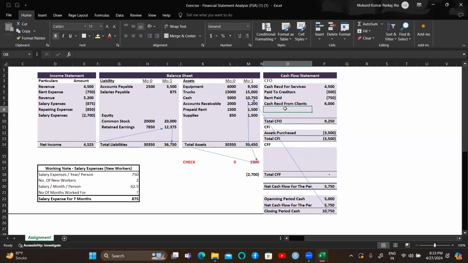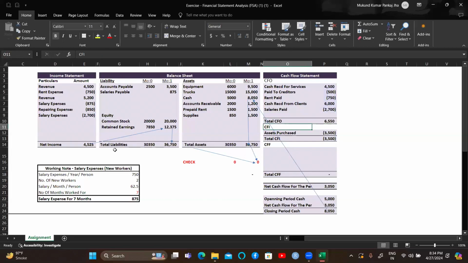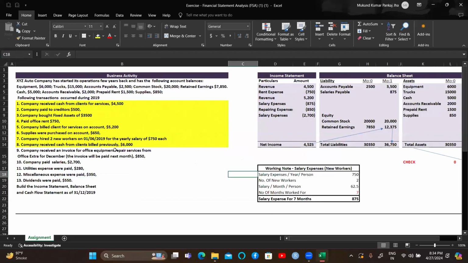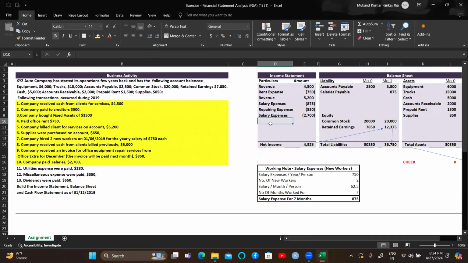Where were we? Salaries paid. Utilities expenses worth 280.